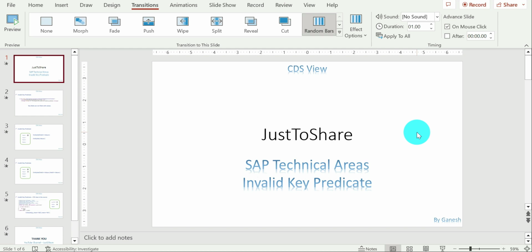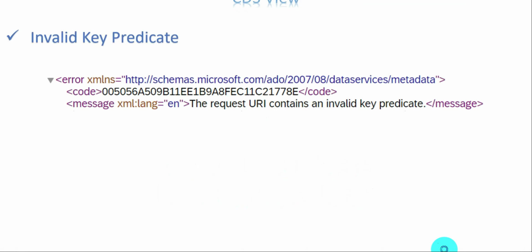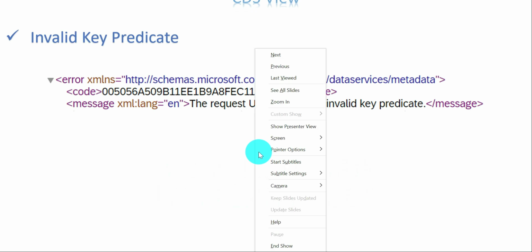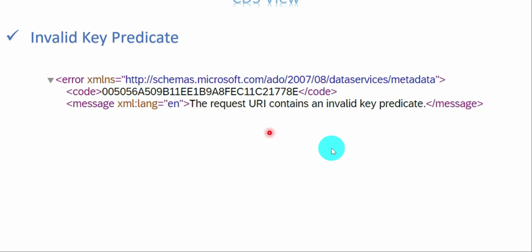Sometimes any additional space also triggers this kind of issue. So let's get into the slide first. This is the issue which you normally see once you execute your gateway service URI.